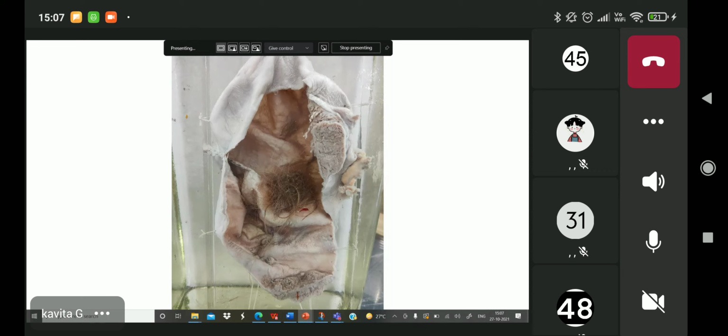Whenever we describe a cyst, we would like to tell the dimension of the cyst. What is the size of the cyst? So that is one. Second, you are going to describe the thickness of the cyst, whether it is 2 mm or 3 mm. The third thing is when you open the cyst, what do you see? Is it solid cystic or is it purely cystic?